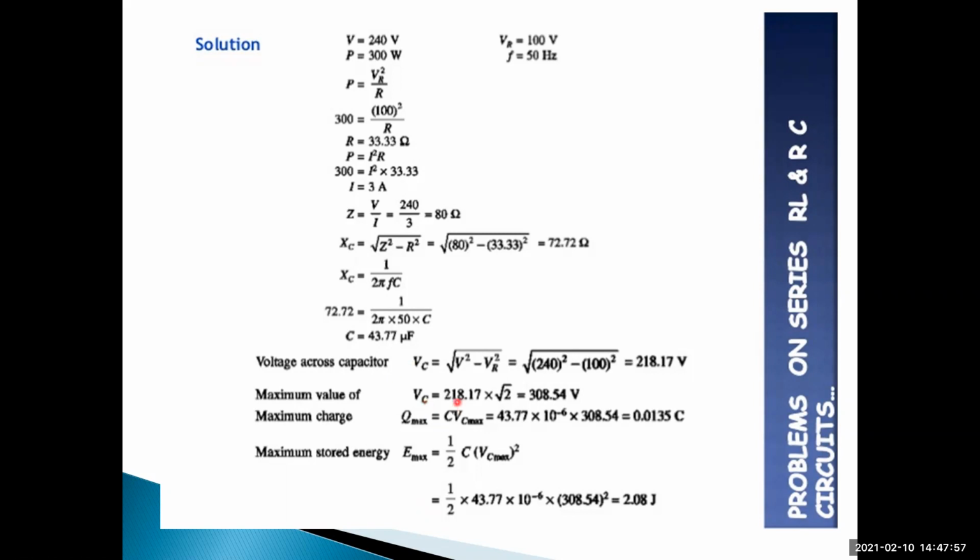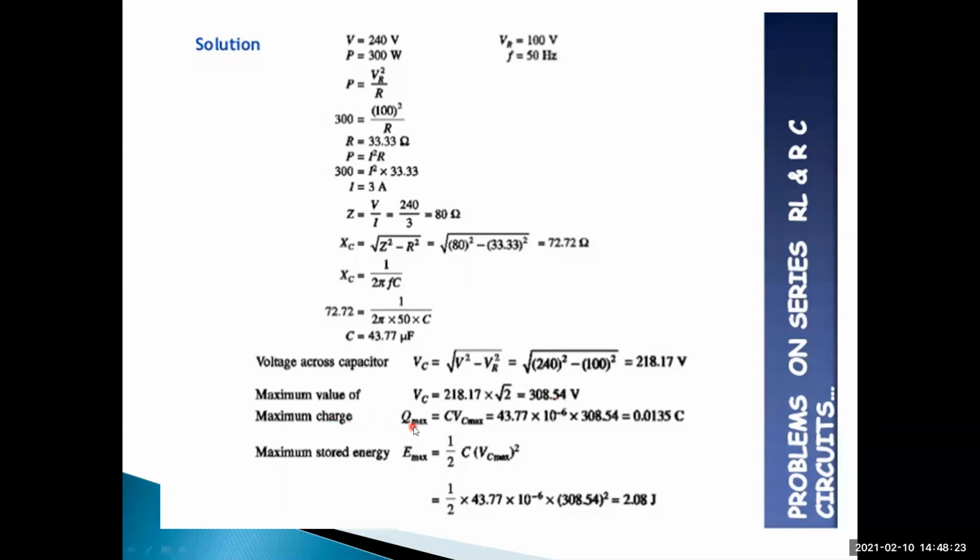So we have to multiply by root 2. 218.17 times root 2 gives the maximum value, 308.54. The maximum value of voltage across the capacitor is VM.